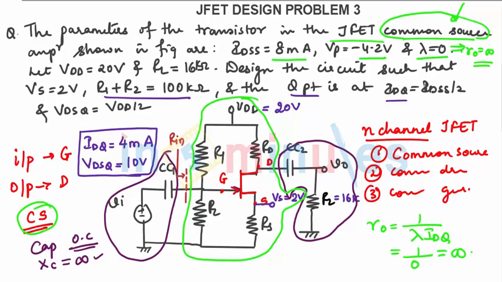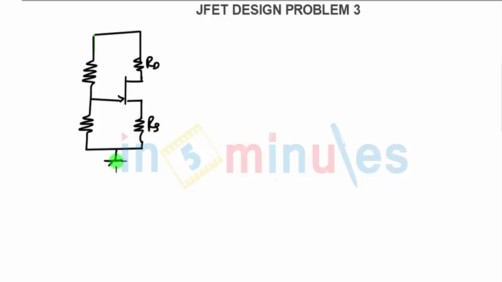So redrawing the circuit, what all do you have? You have the resistance R1, then the resistance R2, then the resistance connected over here as RD, and the resistance RS. This will be connected to ground.